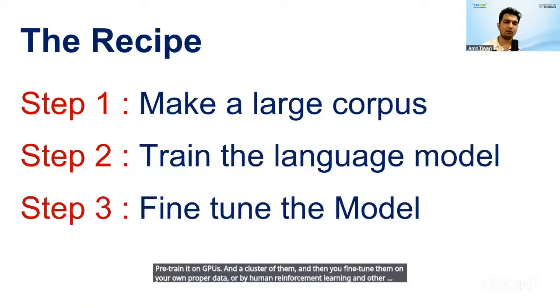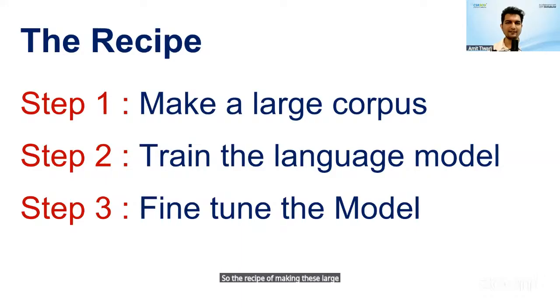So the recipe for making a large language model: the first step is to make a large corpus. You take a web crawler and crawl all the text that is there in the world. Step two is to train the language model on these GPUs and obtain the parameters that you need for predicting the next word in the sequence.